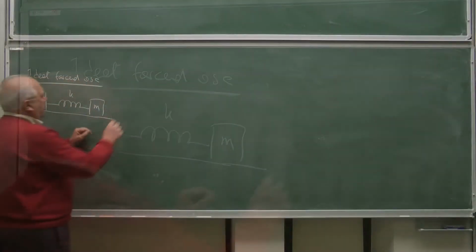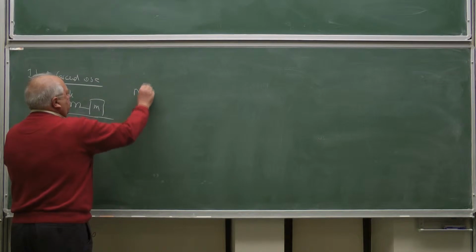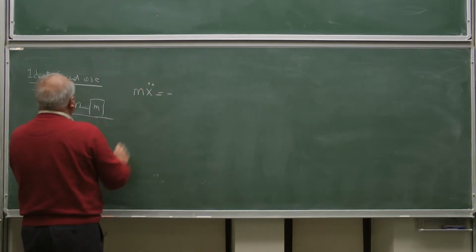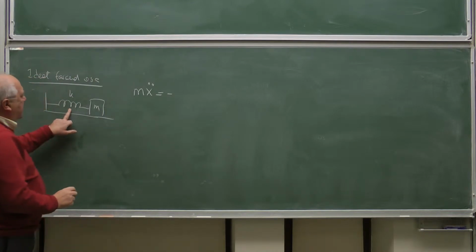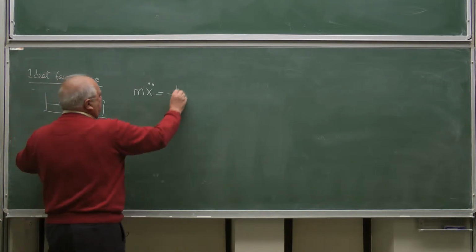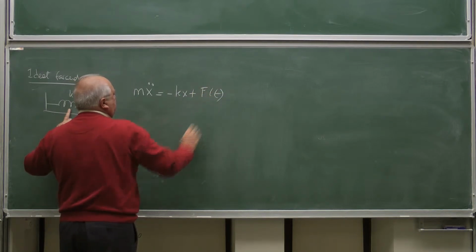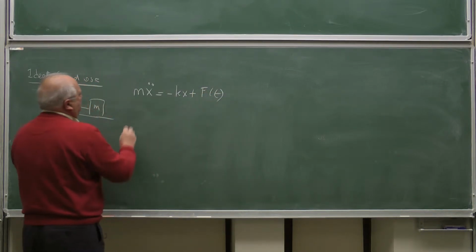So the equation of motion, m x double dot, this is the acceleration, that's equal to minus kx, that's the restoring force, plus f of t, this applied force.